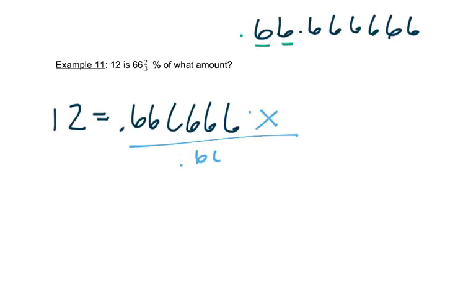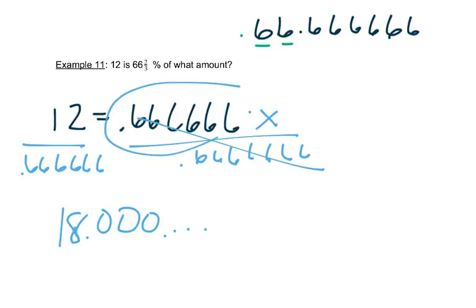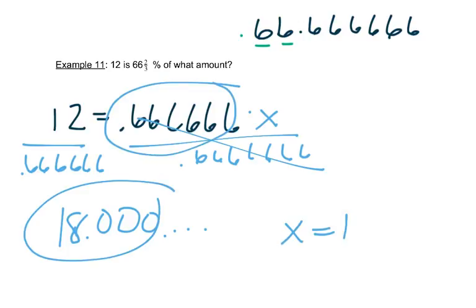So we'll divide both sides by that repeating 6. And that gives us 18.000, and however many 6s it puts in will determine how many zeros you get. But again, remember that this was just a close number, which means this is a close number. So we really have to do a little interpreting, but we find out that 18 is our answer here.